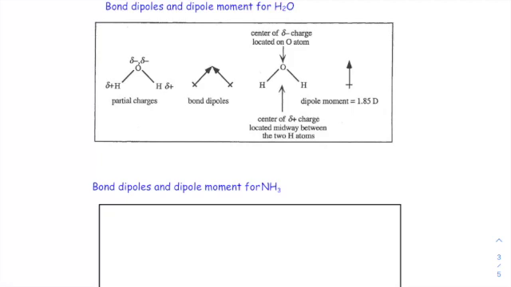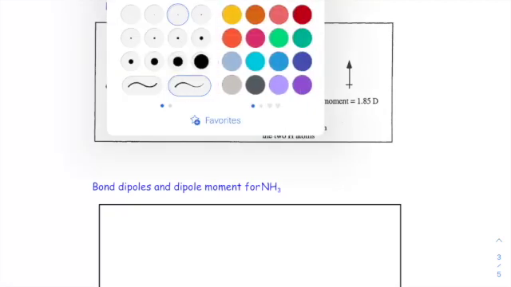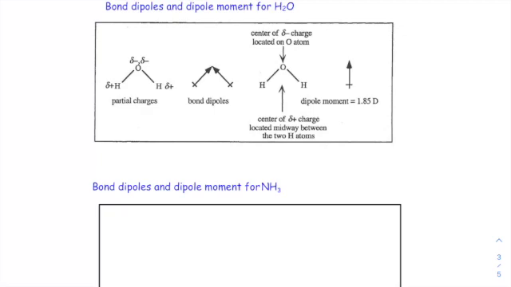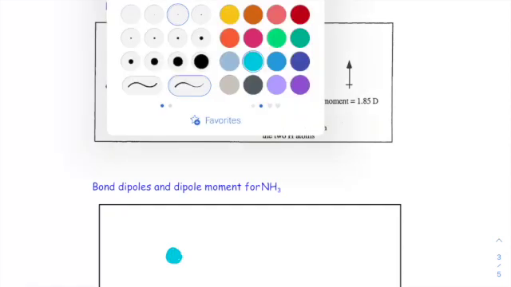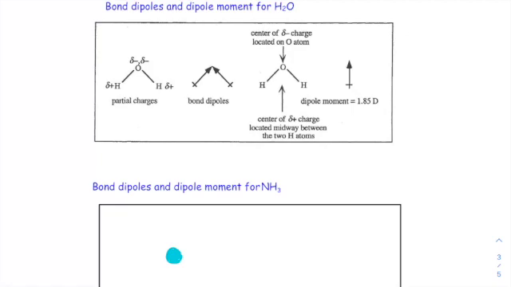If we look at ammonia, so here is my nitrogen atom. And I have one coming out towards us. One going back beyond the plane.